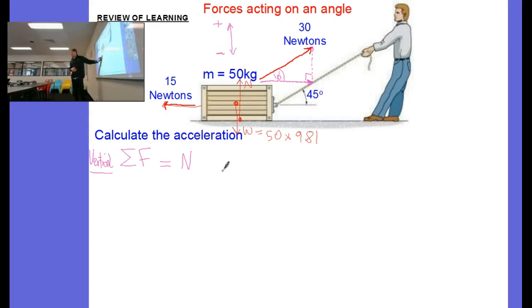I get to choose that myself. Okay? As long as when I'm writing my net force that I'm consistent with my additions and subtractions in that same direction. Does that make sense? So if a force is going up, it's going in the positive direction, so it's going to be a positive force written in my net force sum. But going down is negative, so it's going to be a subtraction of the weight force.